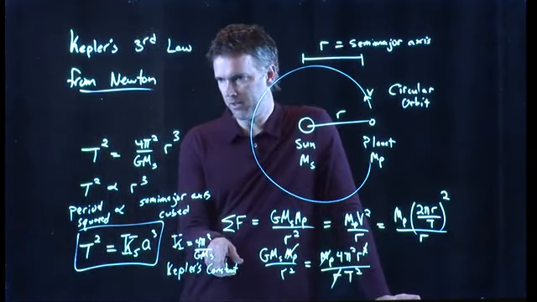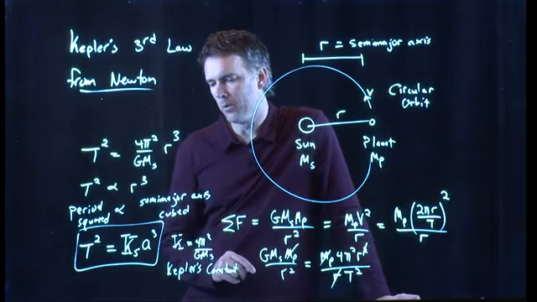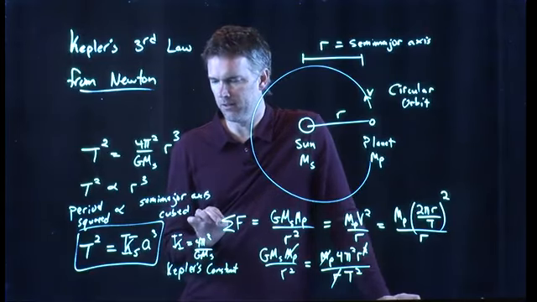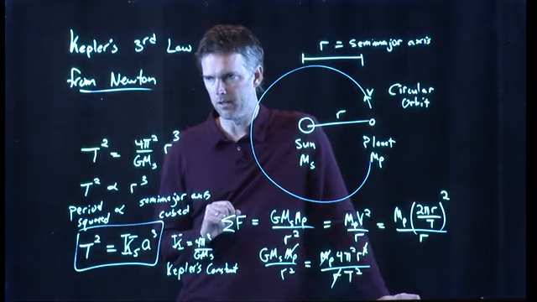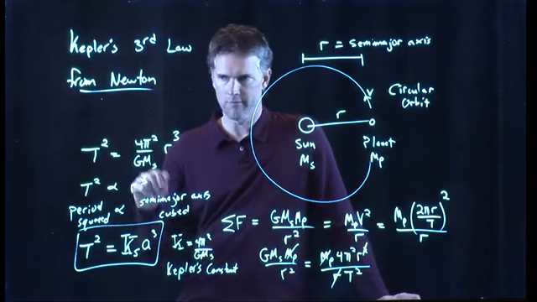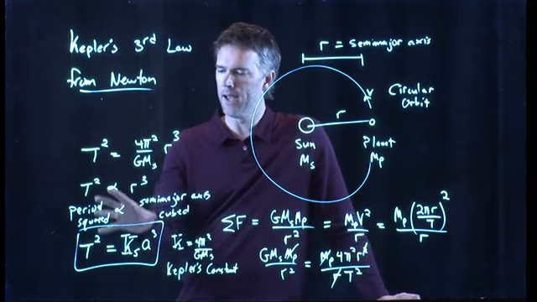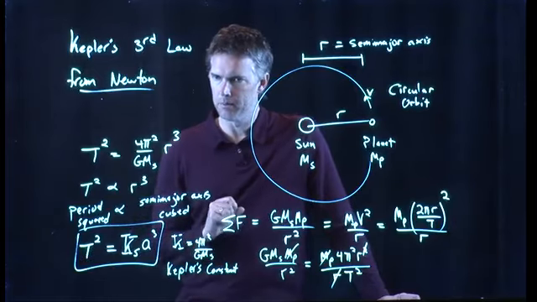We know the mass of the sun, we know big G, we obviously know 4 and pi, and so we can write down a specific value for Kepler's constant, and it applies to everything in our solar system. Not only the Earth, but Mercury and Venus and Mars and Jupiter, etc., and so forth. All of those are going to obey a similar equation with a different period and a different semi-major axis.